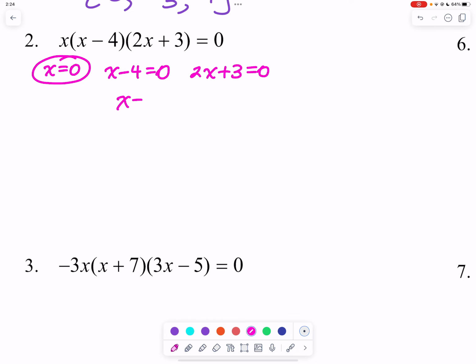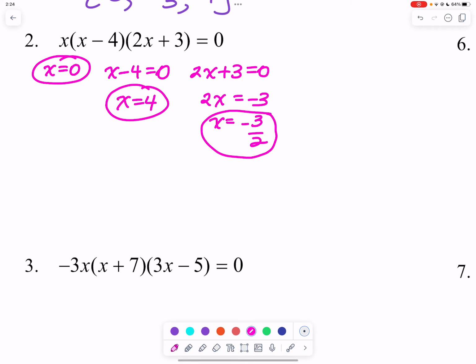So we will add 4 to both sides here, subtract 3 from both sides, and divide both sides by 2. So our solution set is 0, 4, and negative 3/2.